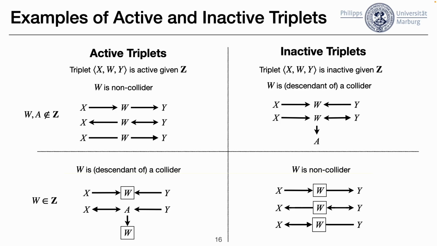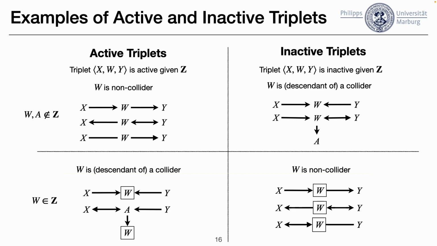Triplets, same thing as before. So the active triplets, to extend the concept here of d-separation, are those with a non-collider where the non-collider is not part of the set, or a collider where the collider or a descendant of the collider is part of the set. Just remember that you can have undirected edges like this.